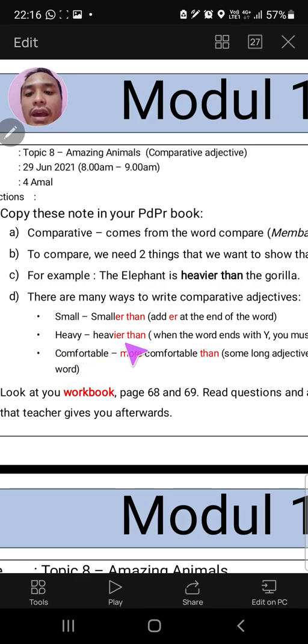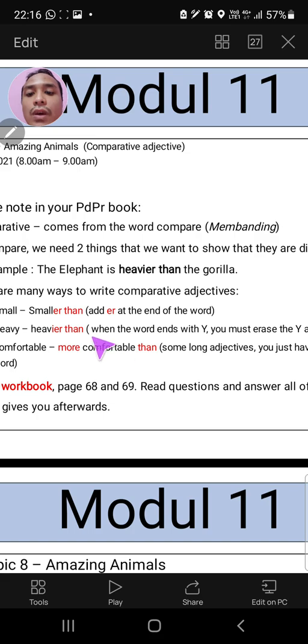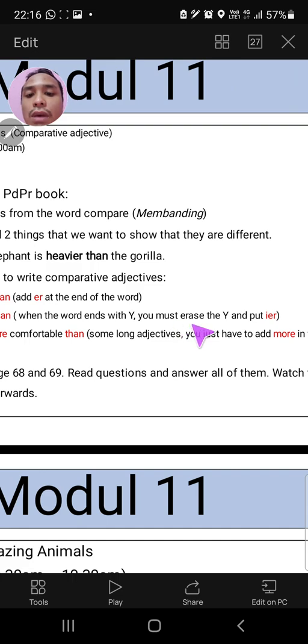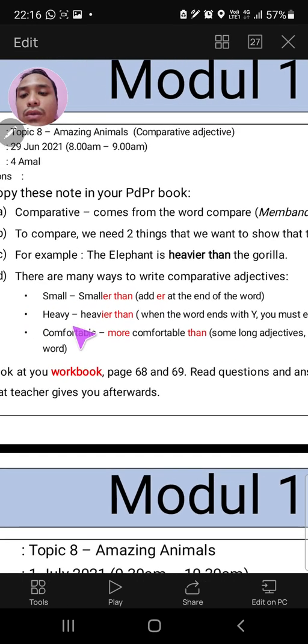Number 2, heavy. Jadi, heavier than. When the word ends with Y, bila perkataan ni, tengok bawah tu. Perkataan ni berakhir dengan Y. Ends with Y. You must erase the Y and put IER. Awak kena padamkan Y tu dan gantikan dengan IER.